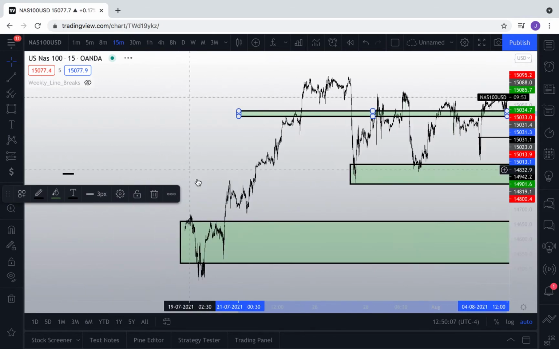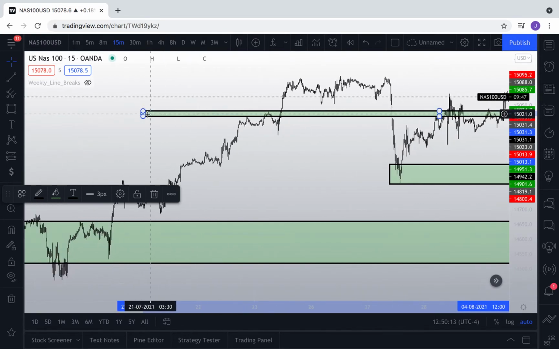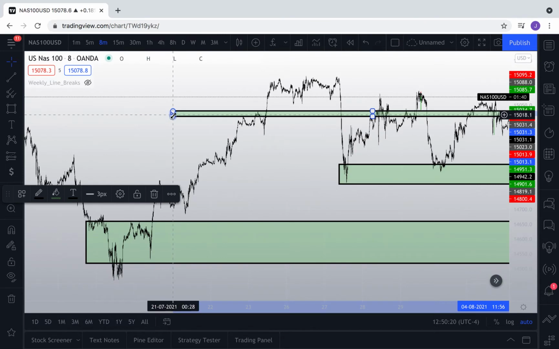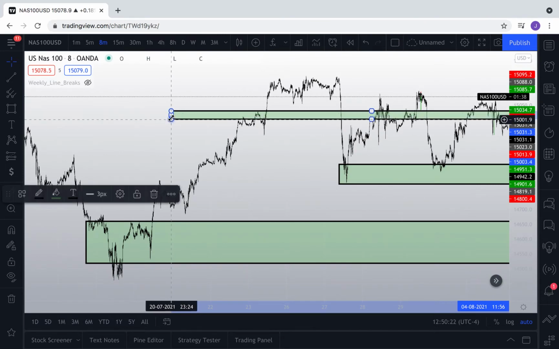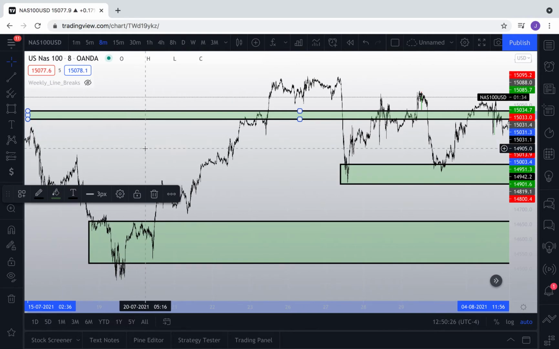As you can see, the market reacts to this area over and over again.